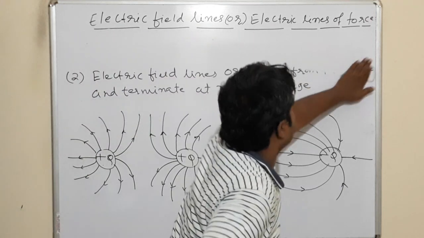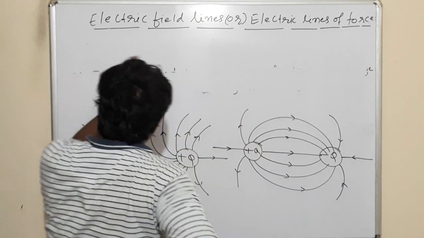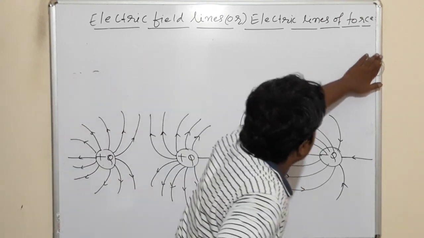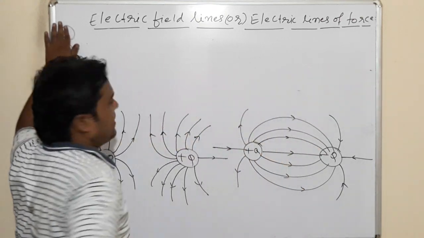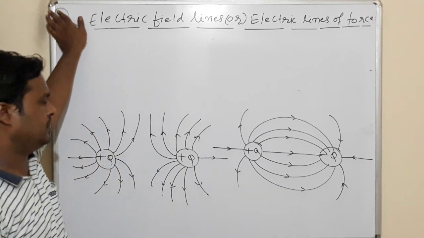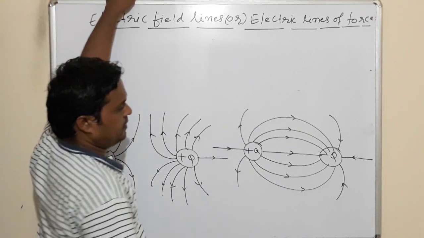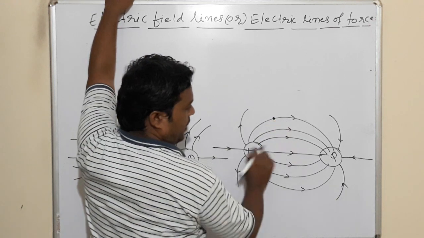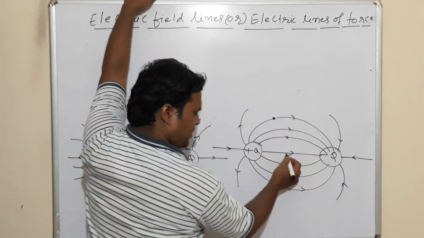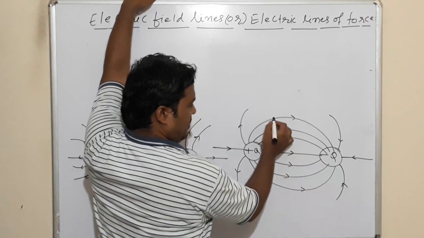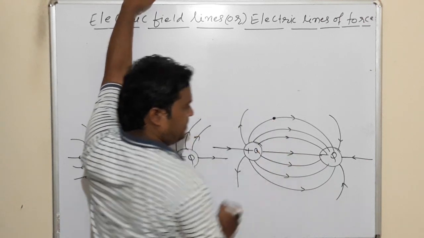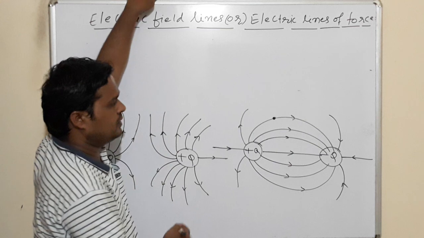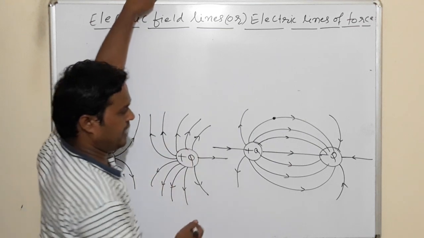Then property number 3. At any particular point, an electric field line may be a straight path or a curved path. Suppose I consider a point in between these two charges. At this point, how will you draw the electric field lines?